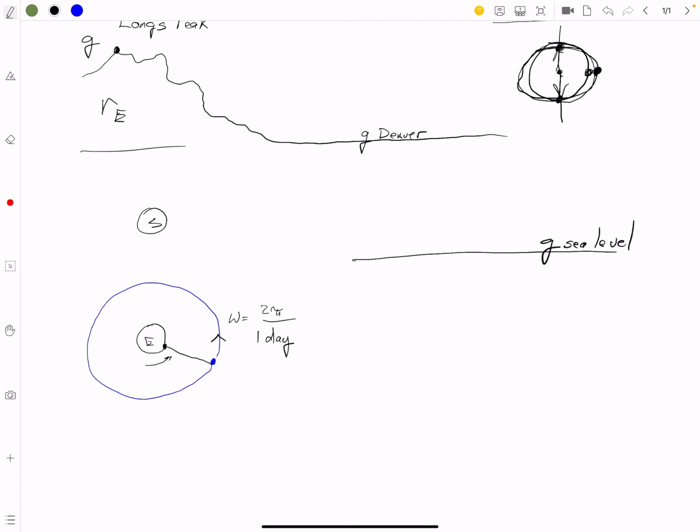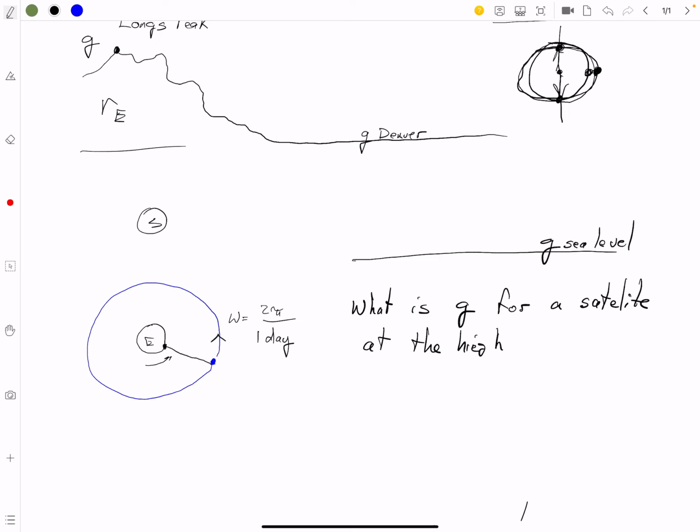Great. Let's throw in some numbers. So we want to know, okay, here's the question. What's the question? What is G for a satellite at the height, H-E-I-G-H-T?